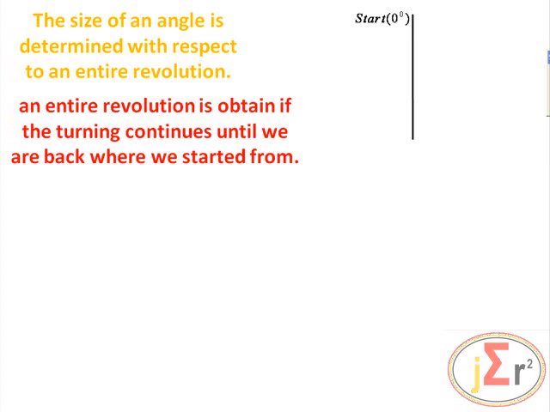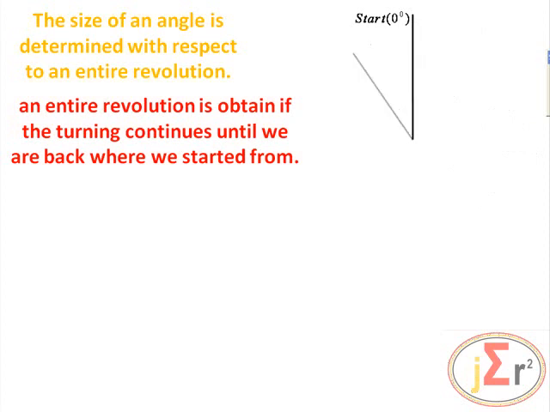So that's an entire revolution, going all the way around. So the turning takes place and we go all the way around. And that is called, what is that called, Jerry? One revolution. Alright. So that's one revolution.